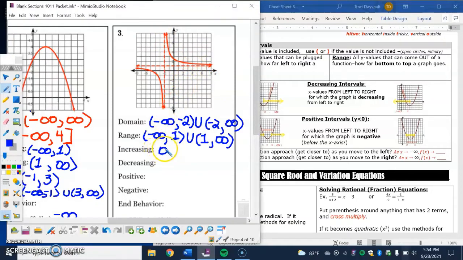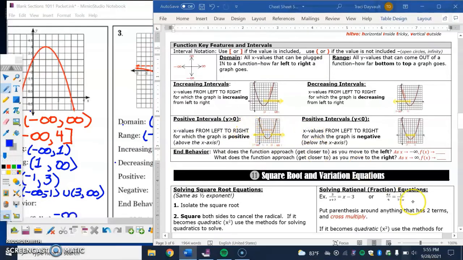Okay, it's never going to be increasing, it's always going to be decreasing, except obviously when I get to -2, it's not increasing or decreasing, it's undefined there. So we're just going to copy the domain for decreasing because for all x values, it is decreasing for all x values other than -2, which can't be plugged in anyway.